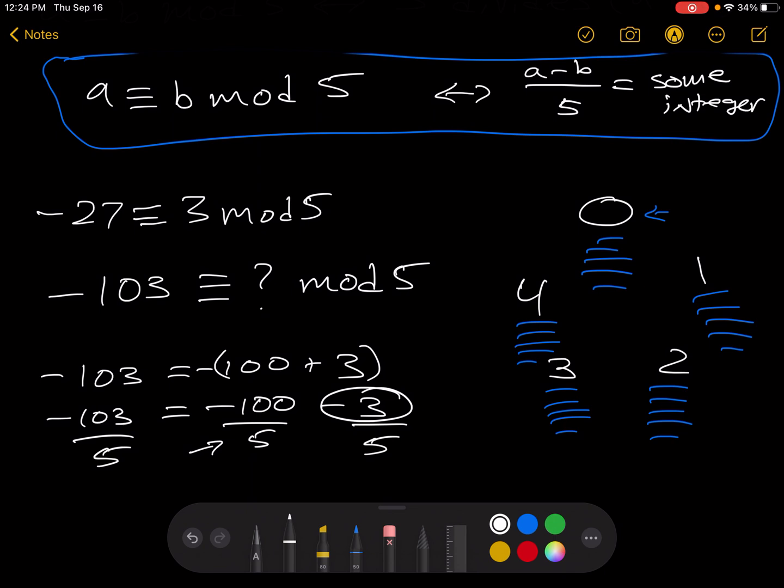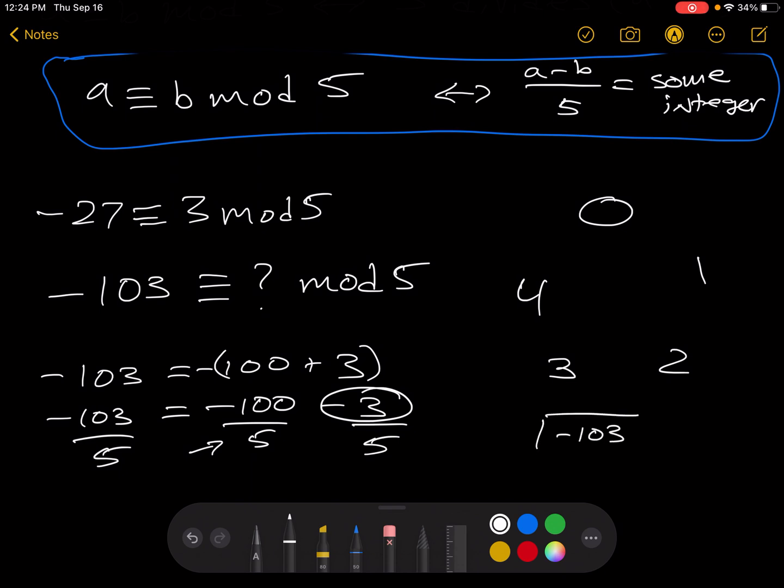So what I'm saying is, when you do this math, negative 103 divided by 5 gives some quotient, and your remainder is going to be negative 3. So what does that tell us? Now think about this.